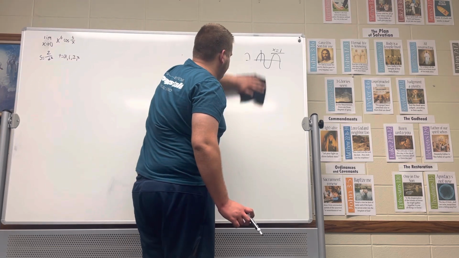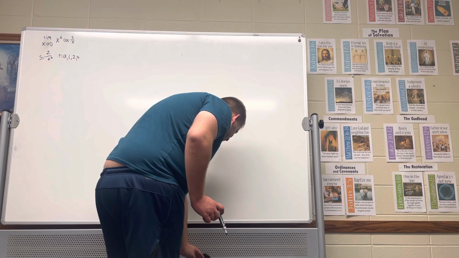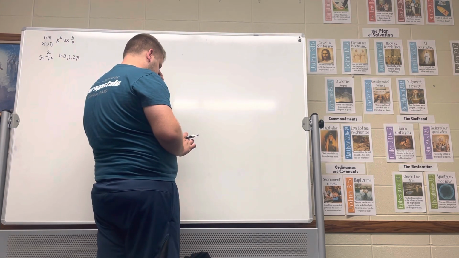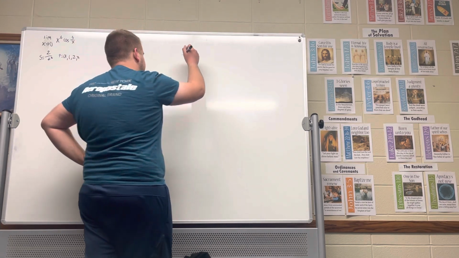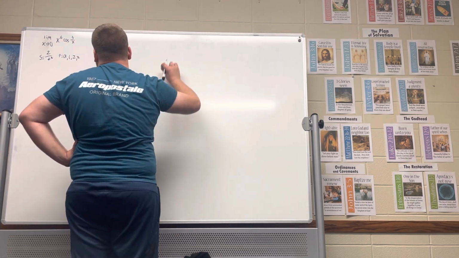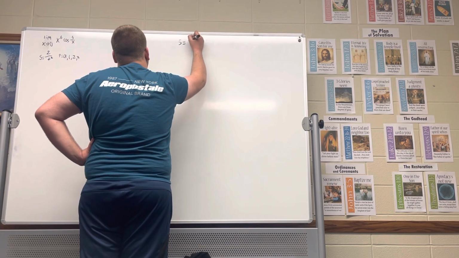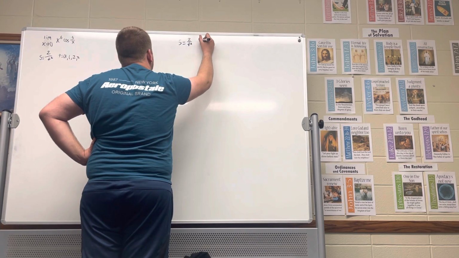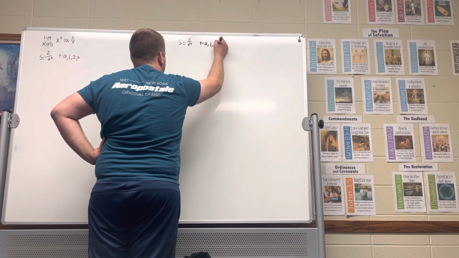Now for problem number 15, which was finding the velocity using the displacement equation s equals 2 over t squared, at the points t equals a, 1, 2, and 3.